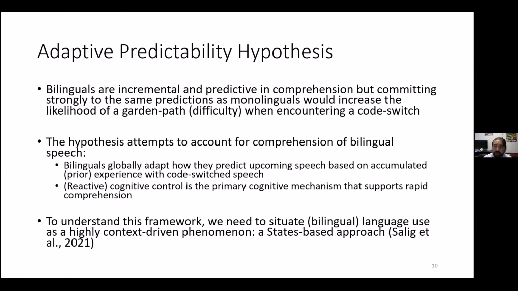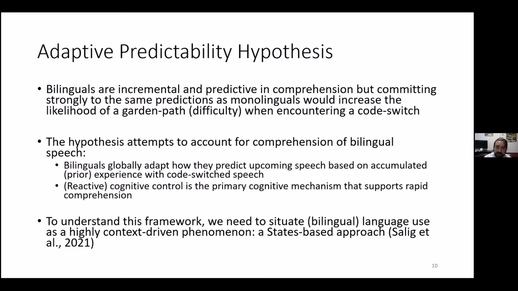So what we are attempting to do is to come up with an account for how this occurs online without increasing the likelihood of what we call a garden path, or in other words, difficulty in encountering a code switch. We call this the adaptive predictability hypothesis, and there are two components to this hypothesis. On the one hand, bilinguals are globally adapting how they predict upcoming speech based on accumulated prior experience, which includes code switch speech.